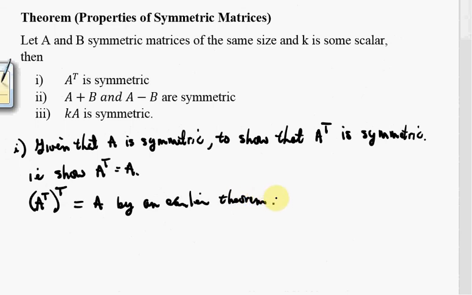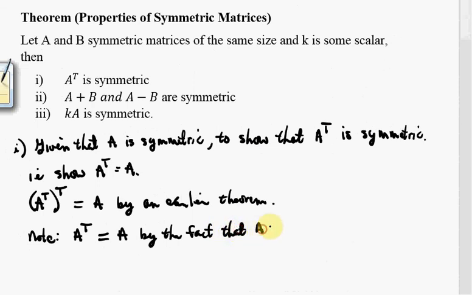Now, by all means, there's an easier way to show that, but here we're just using previous information. Just note that A transpose is equal to A by the fact that A is given to be symmetric.